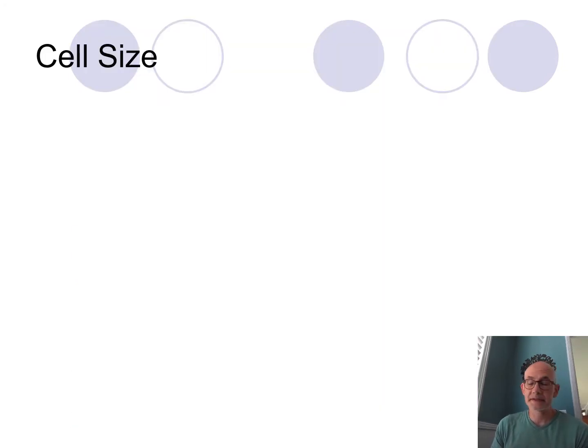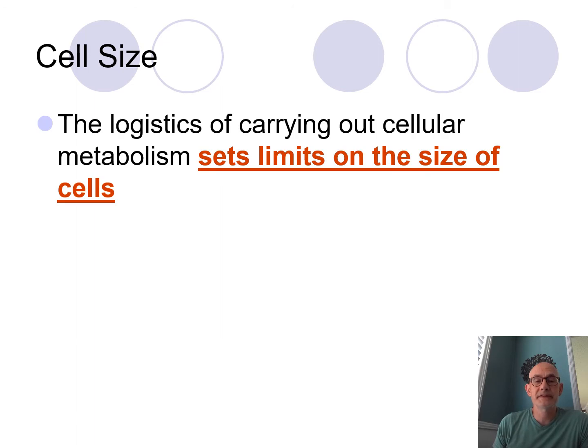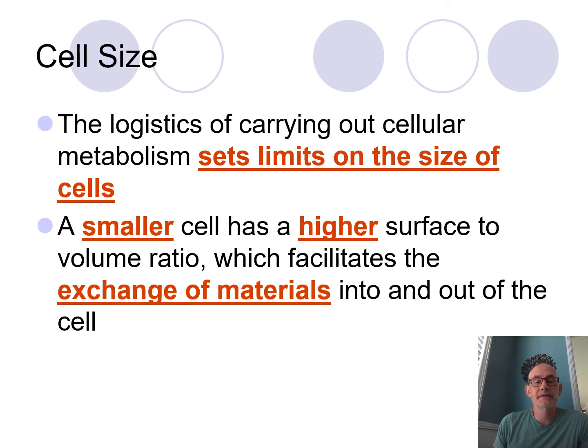Now, when we talk about cell size, cells do have a limited size that they can attain. And this is because of a ratio between the surface of the cell and the internal volume of the cell.